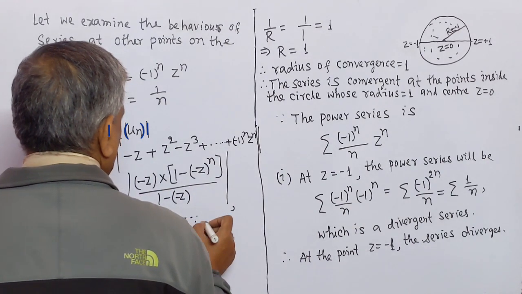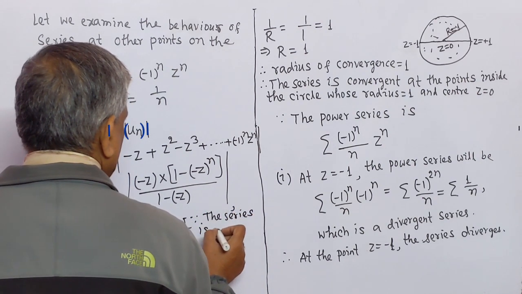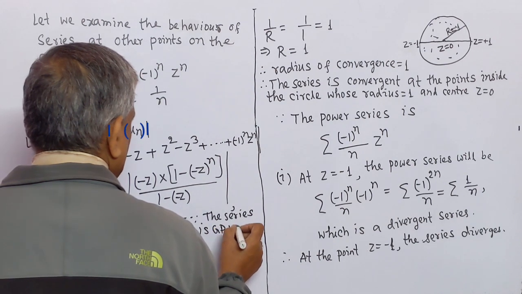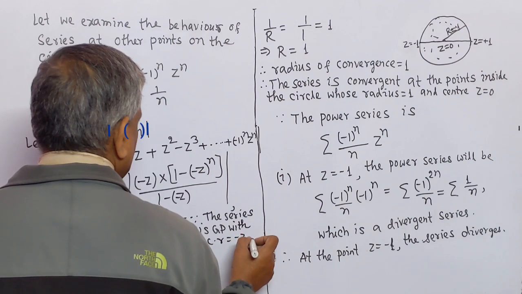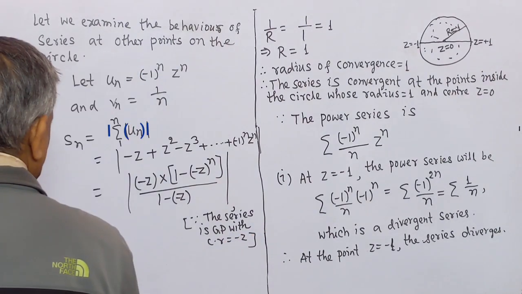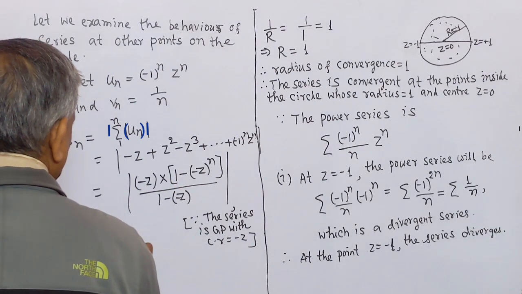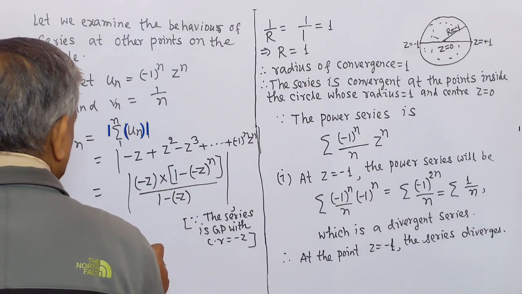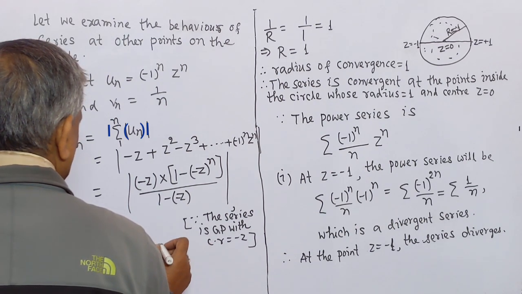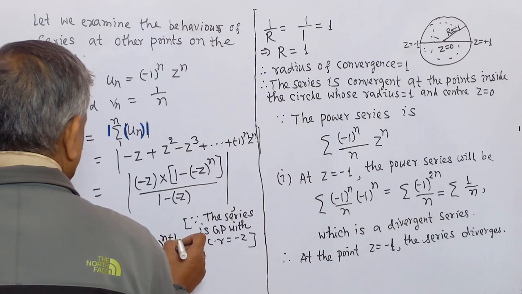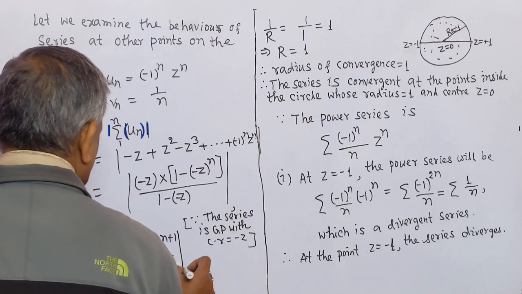Since the series is a GP with common ratio minus z, this is equal to modulus of, if we multiply this, minus z plus minus z to the power n plus 1 by 1 plus z.